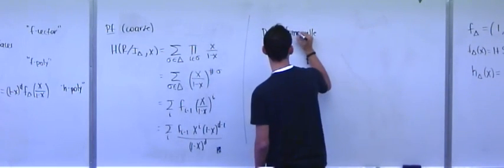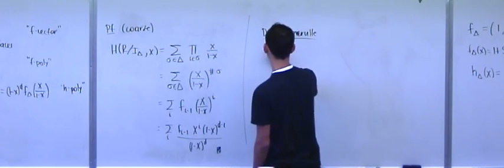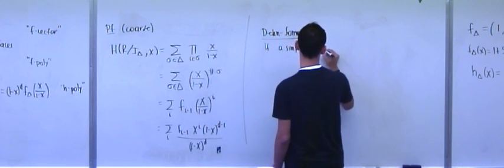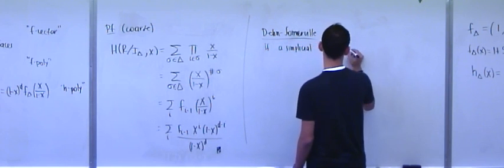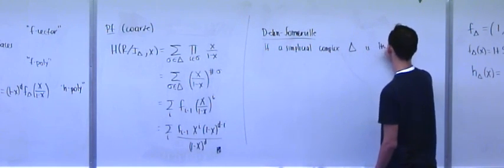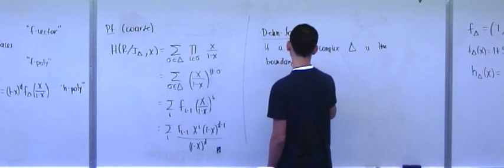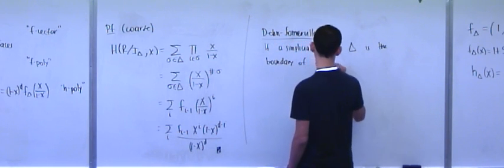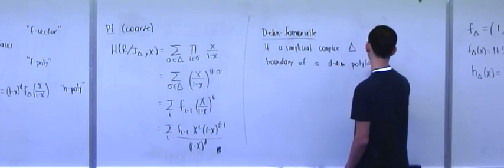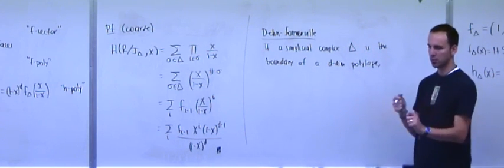I think it's double M. And it says, if a simplicial complex delta is the boundary of a d-dimensional polytope, then this H vector has the property of being symmetric.